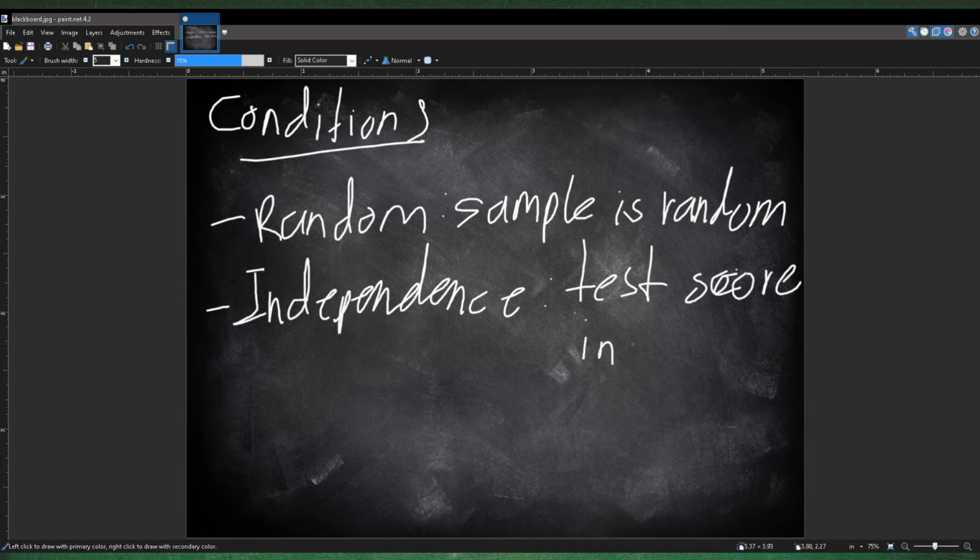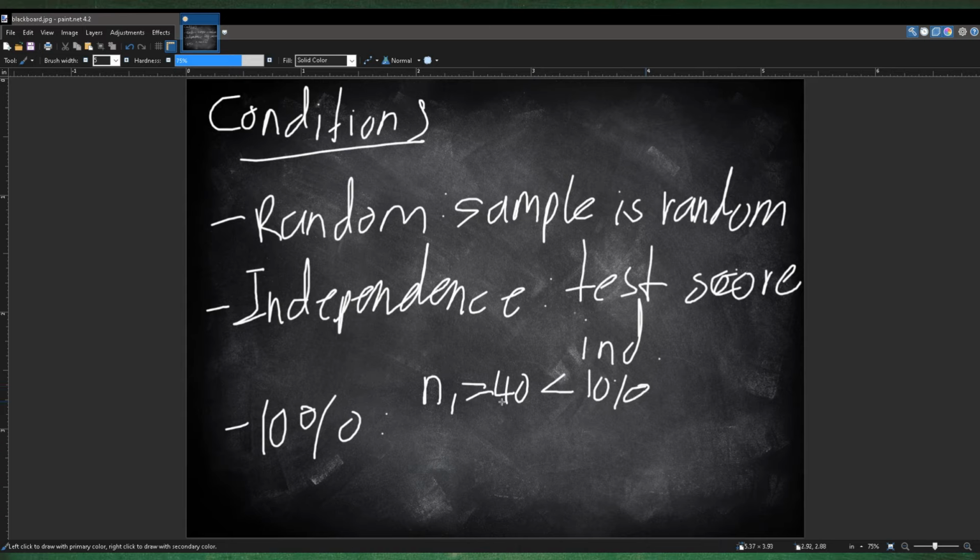And then you have the 10% condition. So n1, which is 40, is less than 10% of his tests, and n2, the sample size of student 2, which is 45, is less than 10% of his tests.